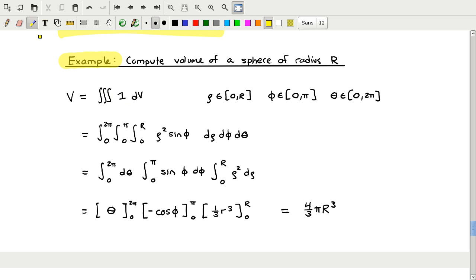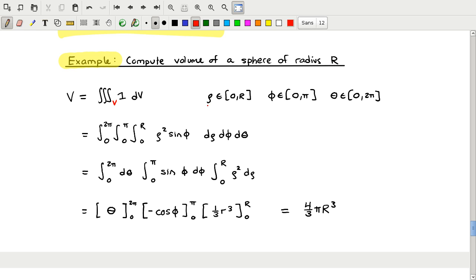The volume integral of a sphere to find the volume will just be the volume integral of 1 dV. And all that we really need to do is determine the correct bounds within spherical coordinates. And so the simplest possible object is a good place to start. It's a sphere of radius R, that is all points less than or equal to a distance capital R from the origin.